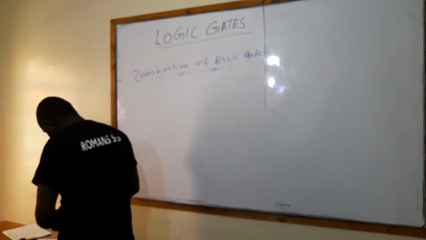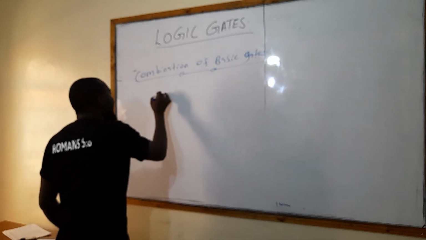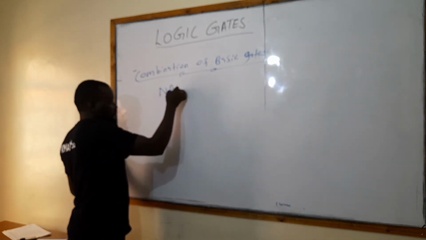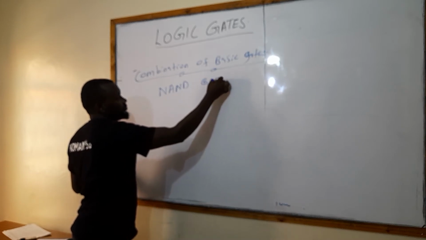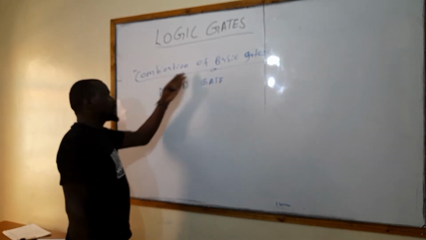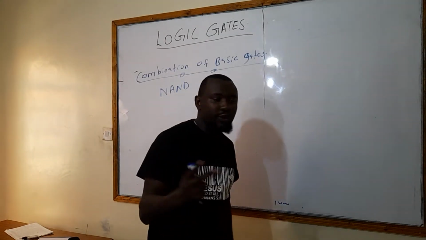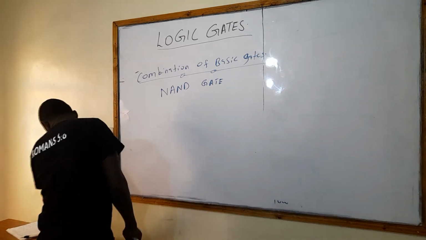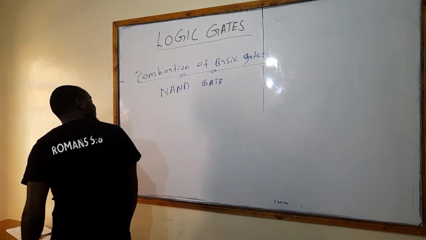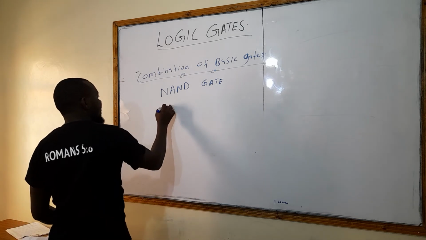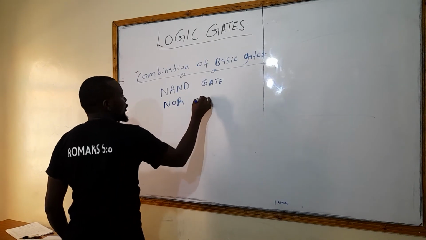The first one we are going to talk of is a NAND gate. There are only two combinations of basic gates. The first one is a NAND gate, and the second one is a NOR gate.